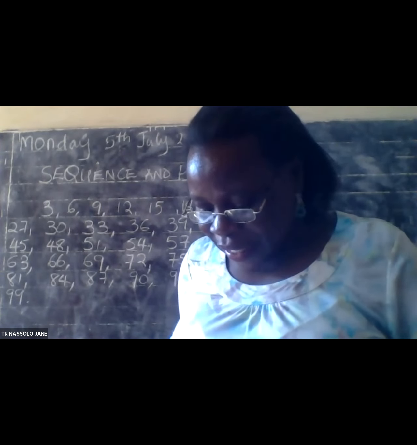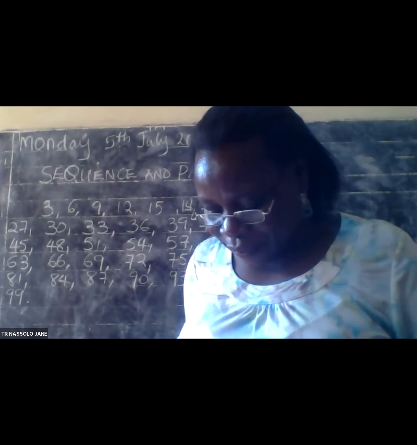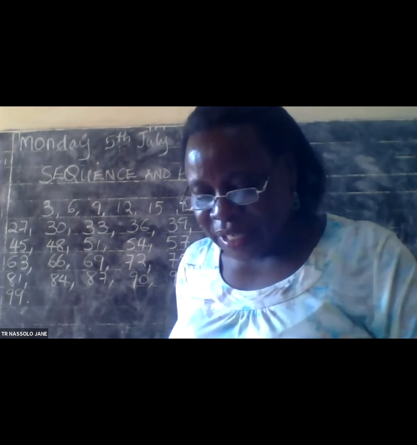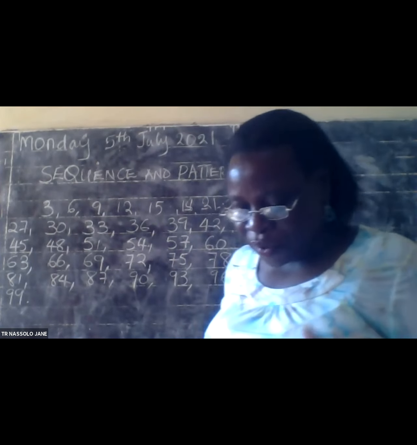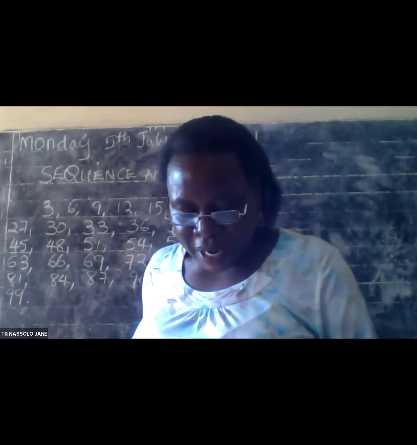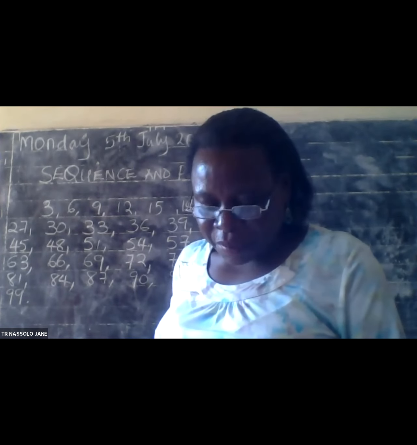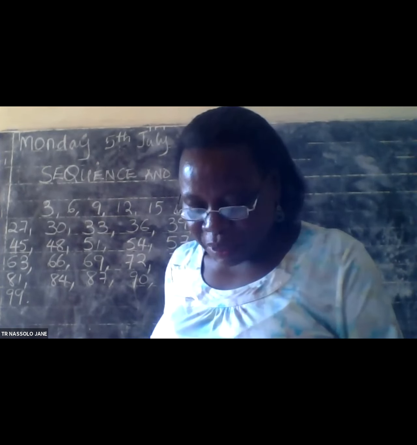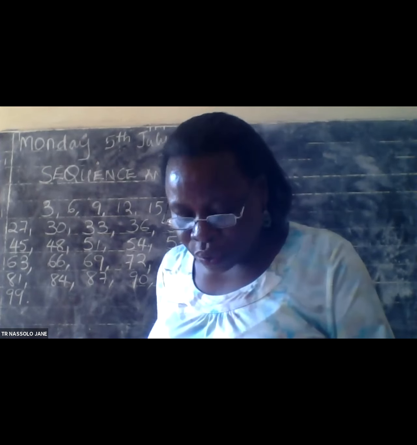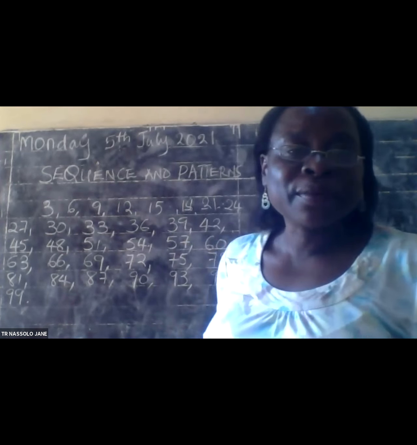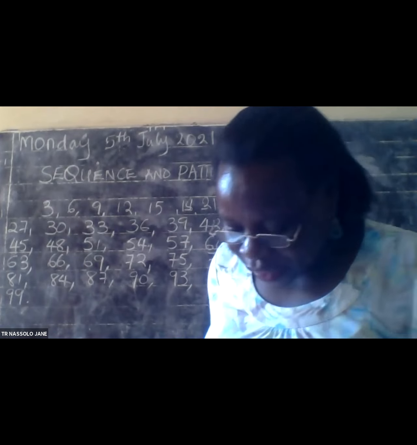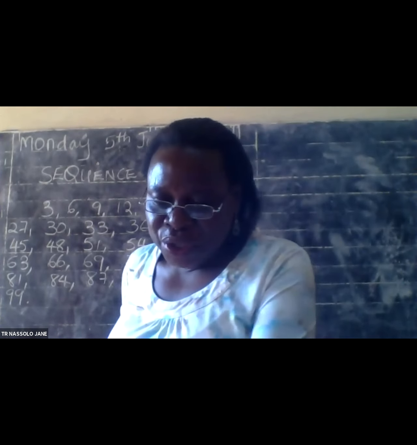Which number is that? 4. So the shaded numbers are multiples of 4. Then Roman number 1, the fifth multiple of dash, means the fifth multiple of 4. What is the fifth multiple of 4? 20. Thank you. We continue.